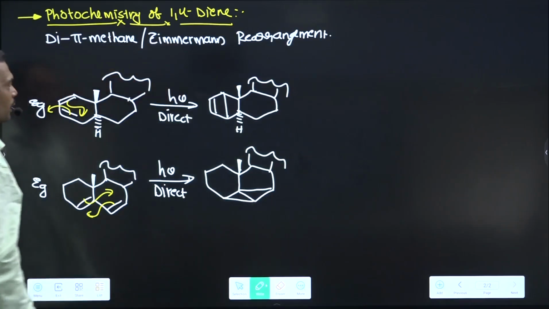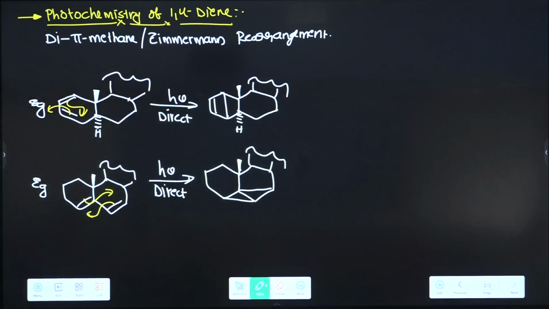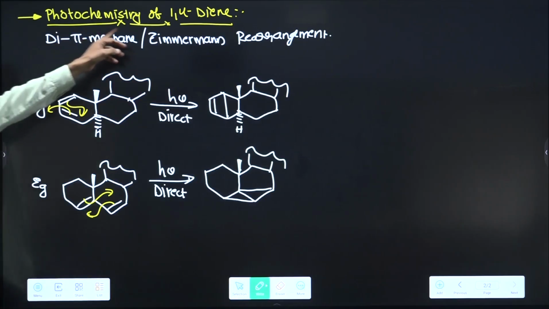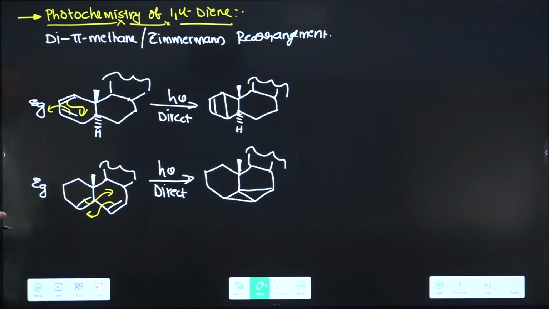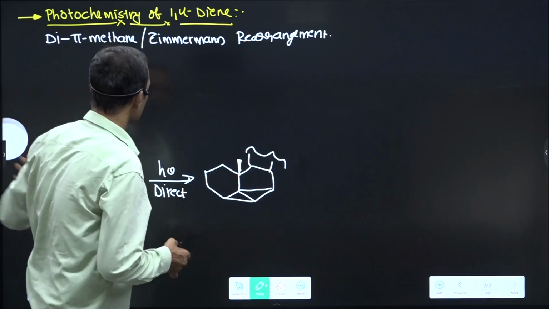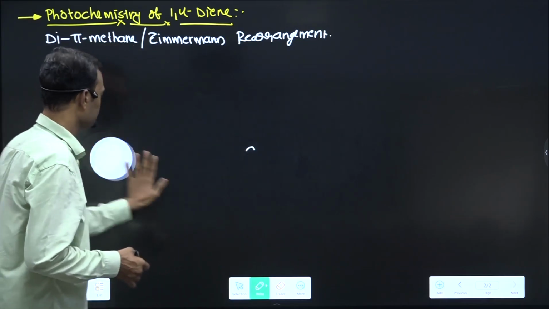So two names are there, di-pi-methane rearrangement or Zimmermann rearrangement, or photochemistry of 1,4 diene. Both are same.